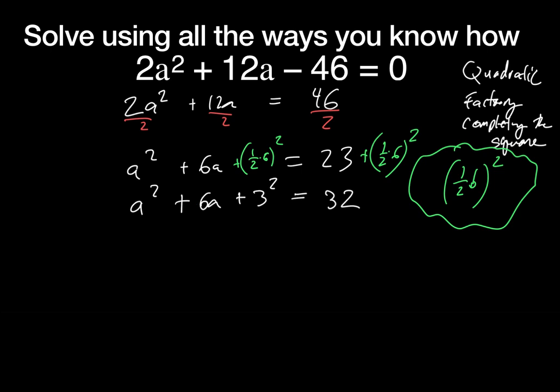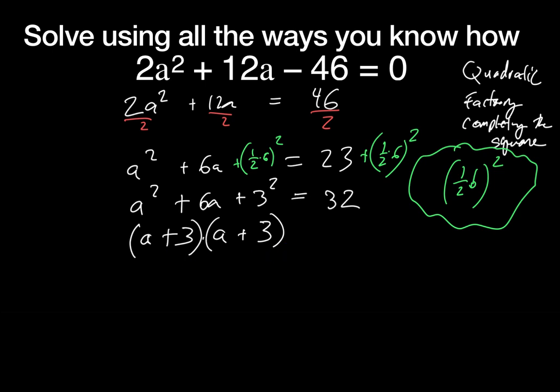So when factoring, two numbers that multiply to positive 9 that add to positive 6 are a plus 3 and a plus 3. And it's called completing the square because this is referred to as a perfect square.